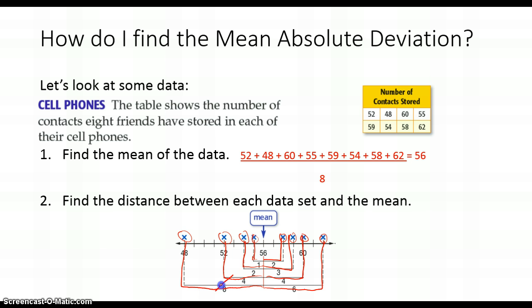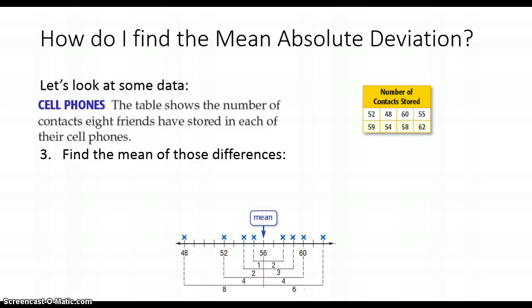So now I'm going to take these distances, these values, and find the mean of those values. And this is very similar to finding the absolute value of each data item and the mean. So it's very similar to absolute value because we're measuring a distance.